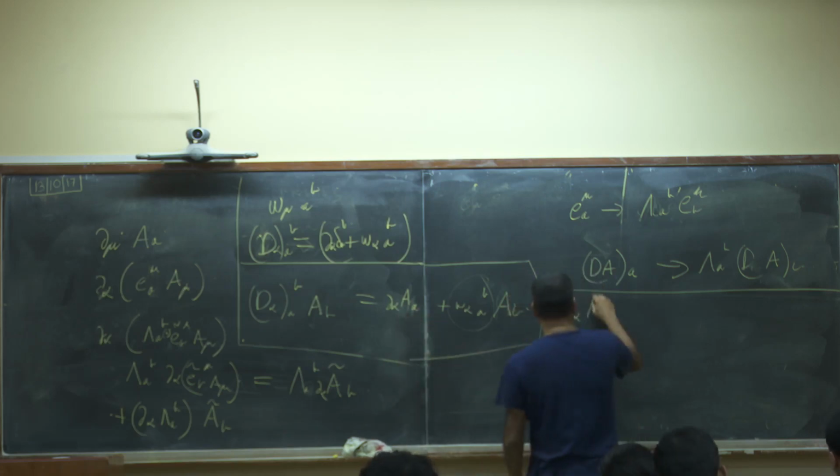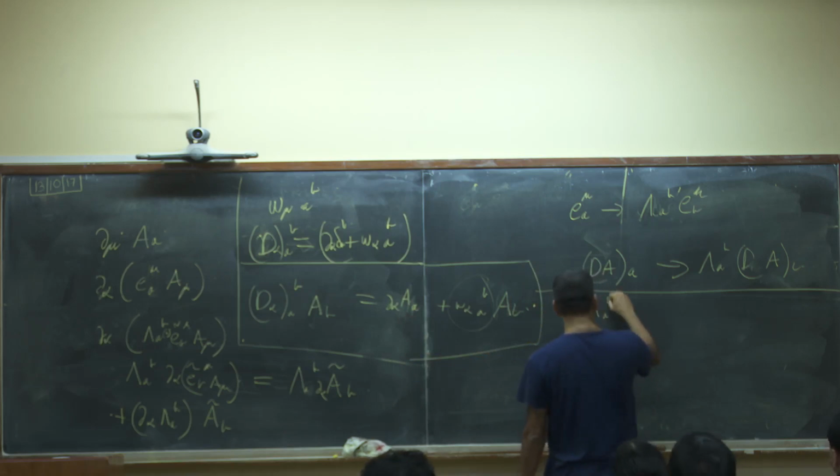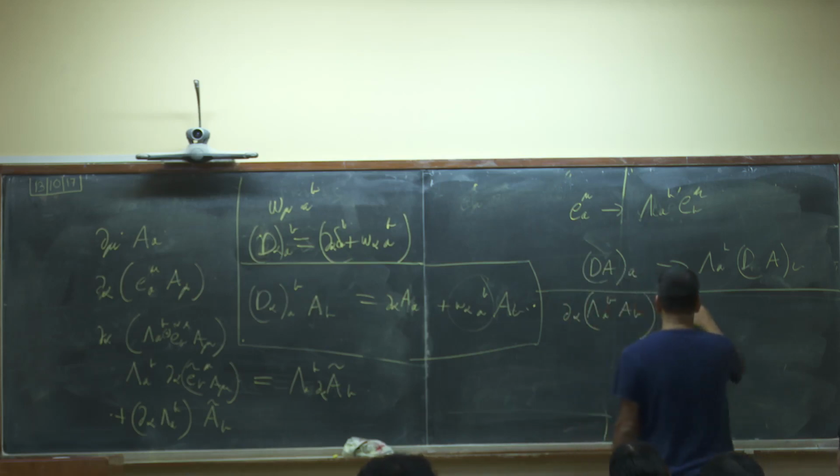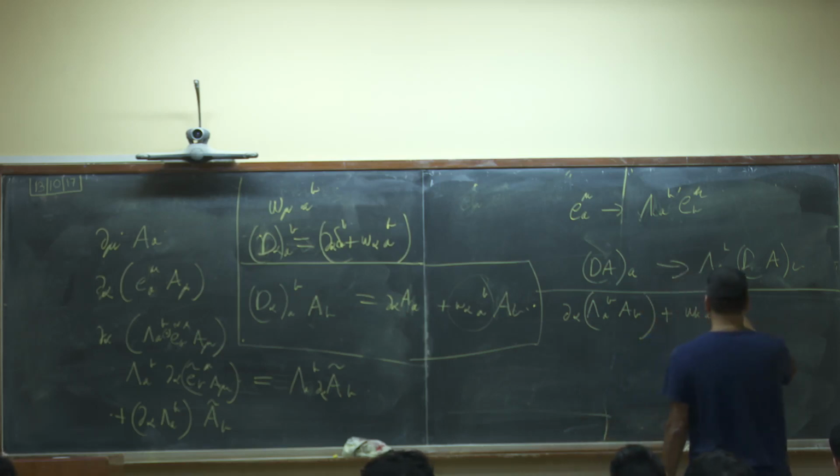It goes to lambda A B del alpha psi B plus omega alpha AB B prime lambda B prime C prime psi C prime.